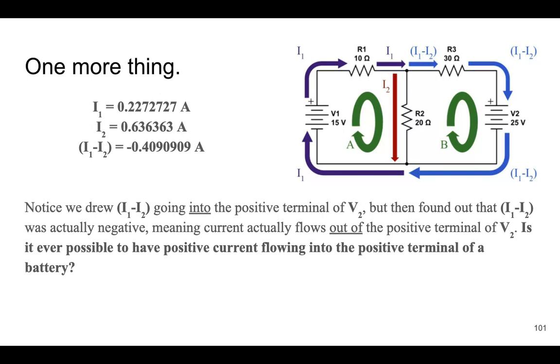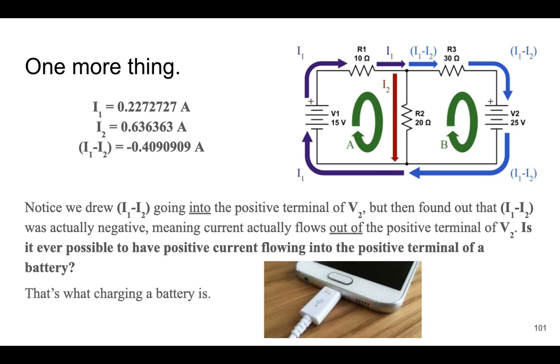So think about that for a second. And the answer is yes. You do that all the time. That's what you do when you charge your phone. You're forcing a positive current into the positive terminal of the battery. So yeah, I bet you do that several times a day.